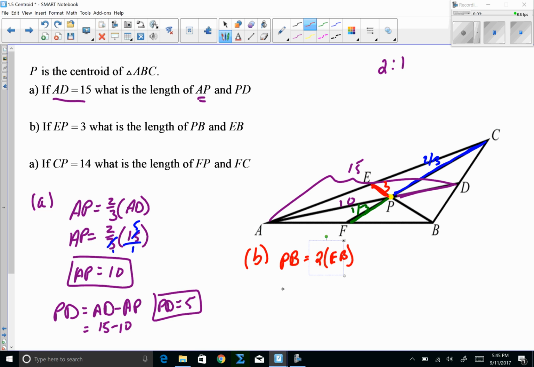So I can plug in 2 times 3, and I now know that BP is 6 units long. I can now fill that information in, and once I know that, finding the entire thing, EB, is as easy as saying, well, that's 3 plus 6, so EB is going to equal 9.